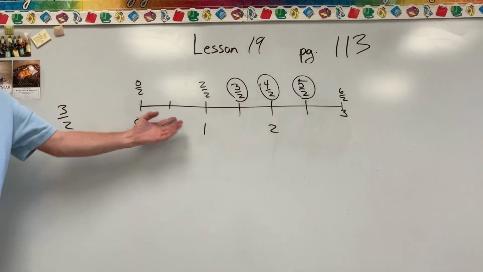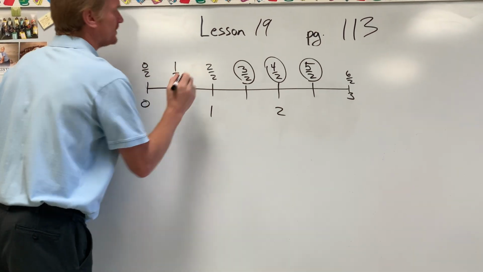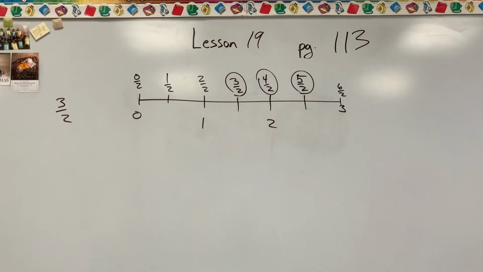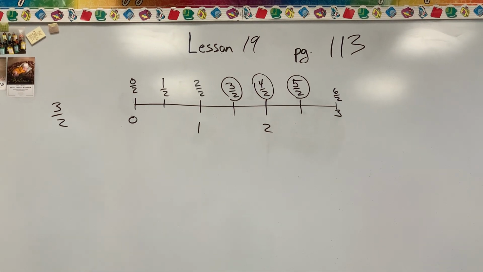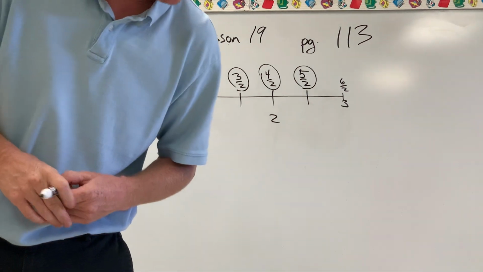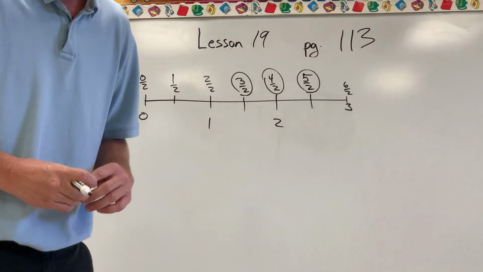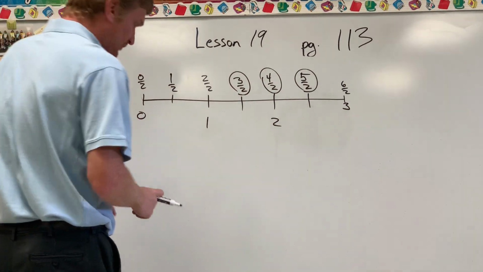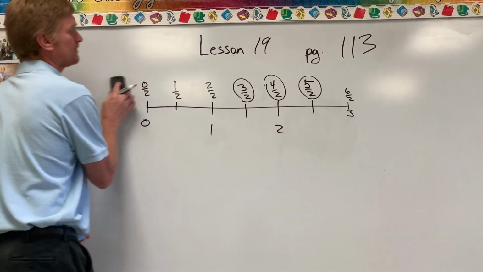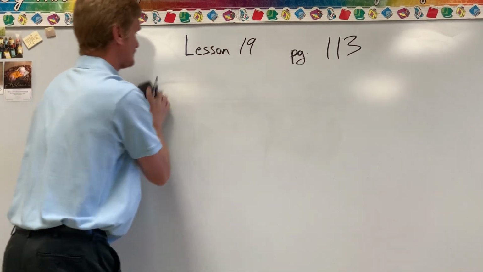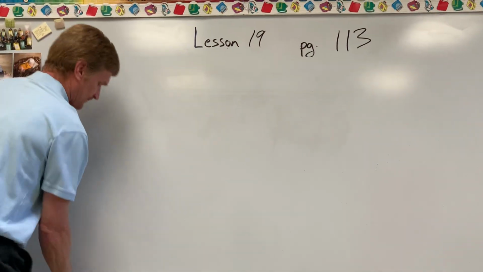If you want to go ahead and label this one, you can do it. Don't have to though. So that's how we did number 1. Now you're going to do B on your own, and they've got your number line going from 0 to 3, and cutting it into fourths.